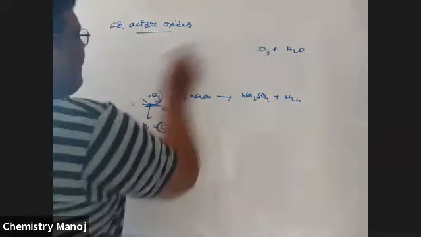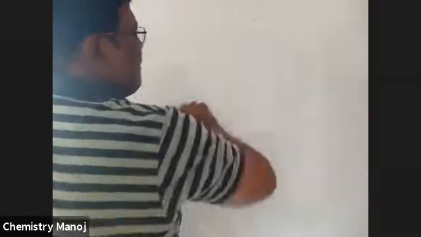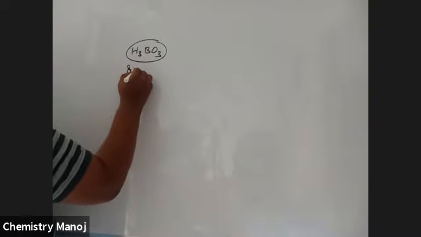Next. See here, H3BO3 is called orthoboric acid.